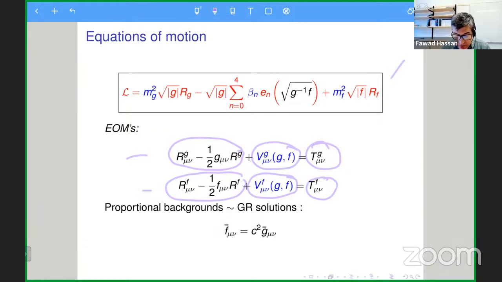In fact, these equations have a set of solutions where the two matrices are proportional to each other. For these configurations, the solutions are exactly the same as solutions in general relativity. This is an interesting class of solutions from which you can obtain a lot of insight into the theory.